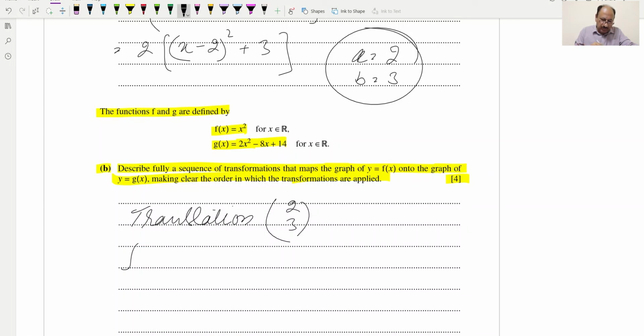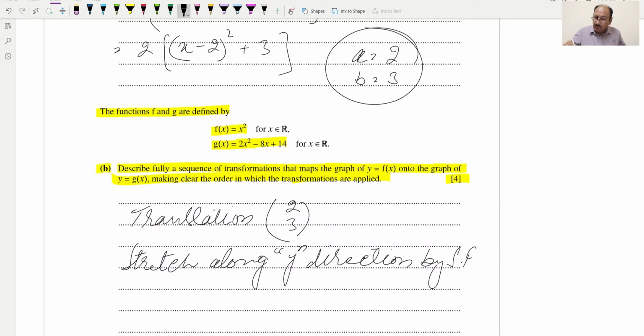So we can write stretch along the y direction by scale factor 2.